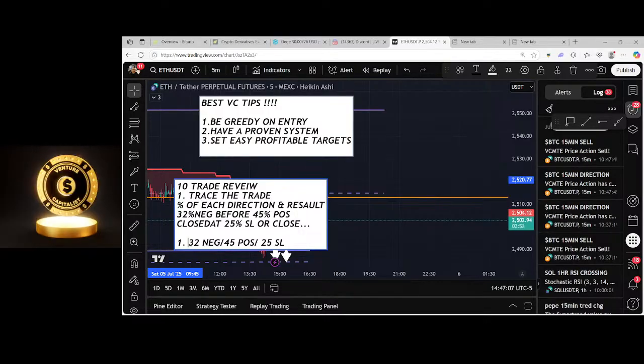What you want to keep track of here is that you should already know you're using the same leverage all the time. If you need to put it in there, you can put 40X to remind you that you're doing 40x leverage. The trade went 32% negative, 45% positive, and then it closed at 25%.